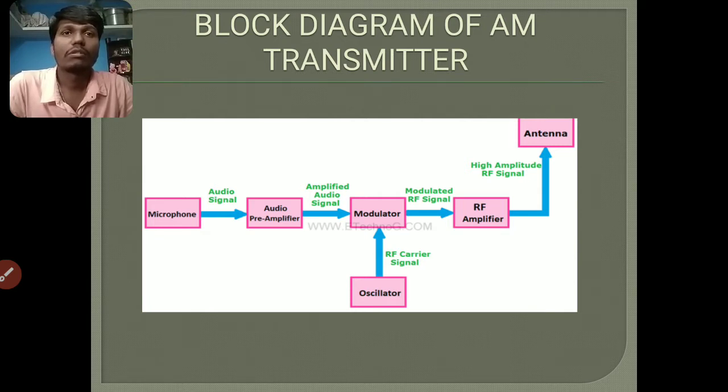What is modulation? Types of modulation, need for modulation, the modulation factor, the expression for the modulation factor, and the significance of the modulation factor were discussed in the earlier classes.